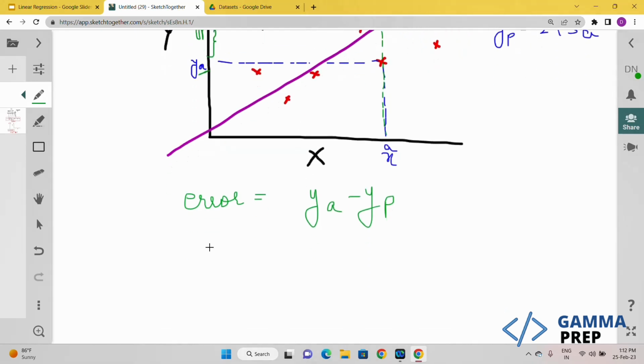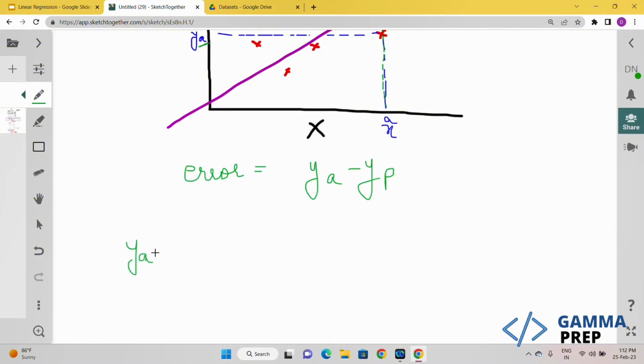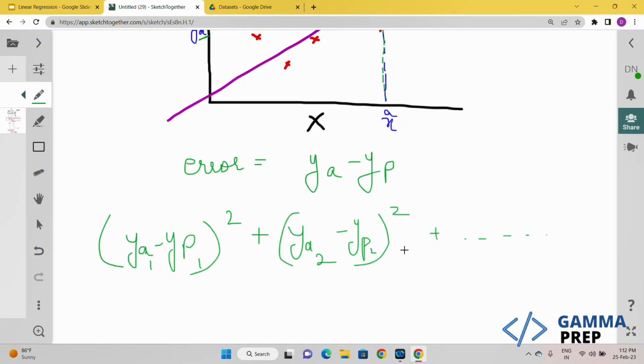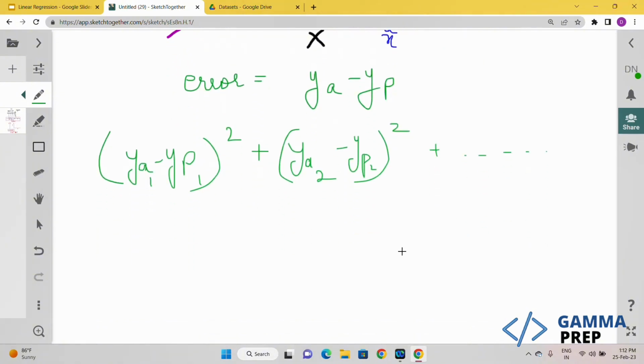So what we do is find out the errors for all the points, let's say for point 1, and then we square the errors so that we are only getting the magnitudes, and sum it over. Obviously we could have used mod as well, but the calculus with a square term is easier as compared to the mod.